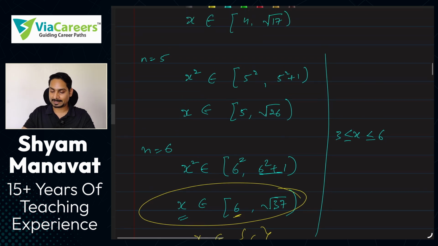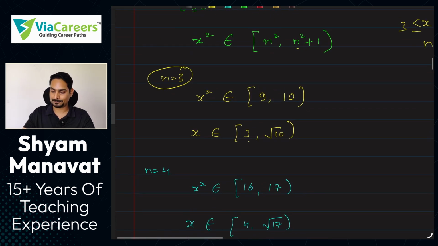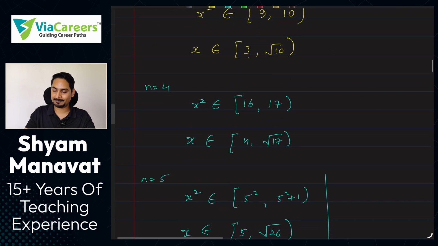Now we need to check the options. What will satisfy? If you want, you can write all of them in one proper set form.